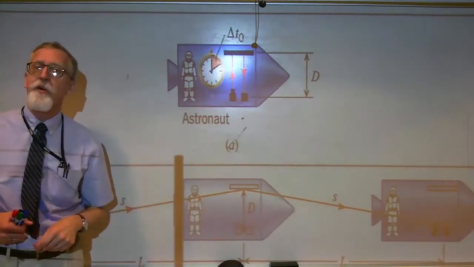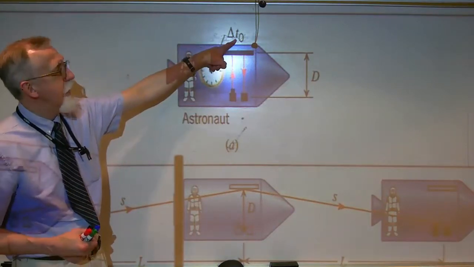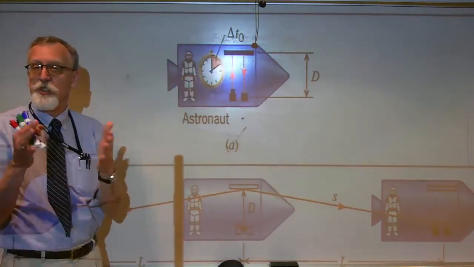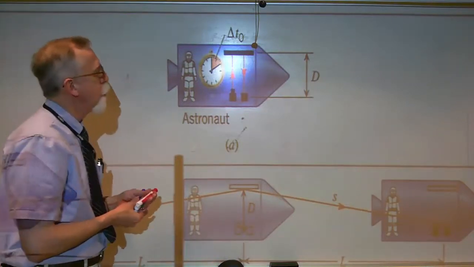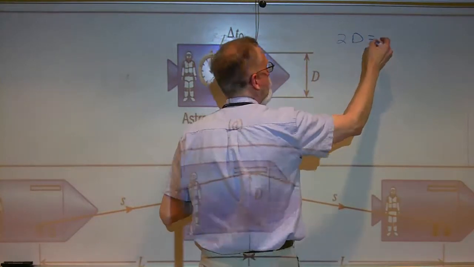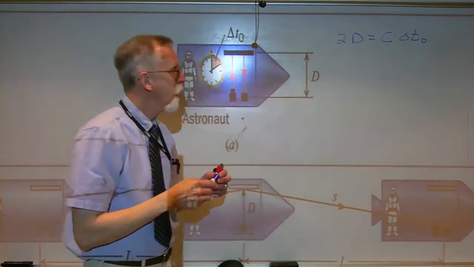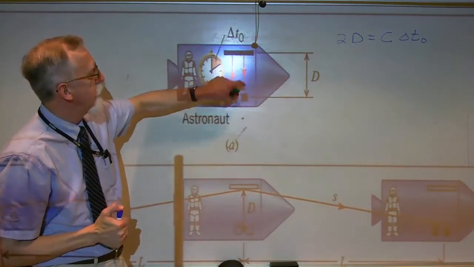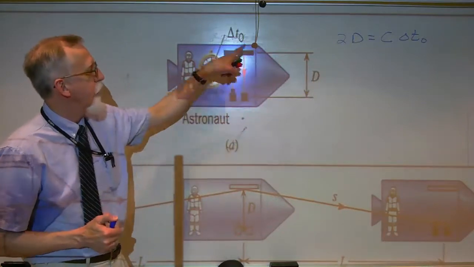In other words, to travel a distance of 2d, the light needs an amount of time delta t naught. So just using a simple result, distance equals speed times time, we have that 2d equals c times delta t naught. So the distance traveled by the light, 2d, is equal to the speed c times the time delta t naught.